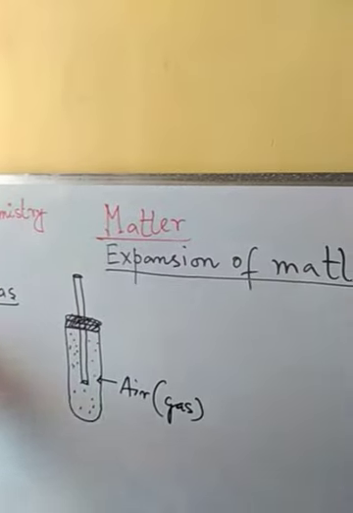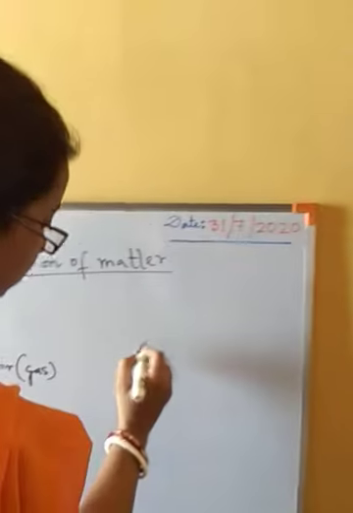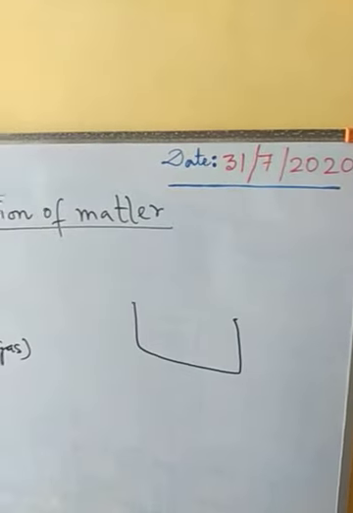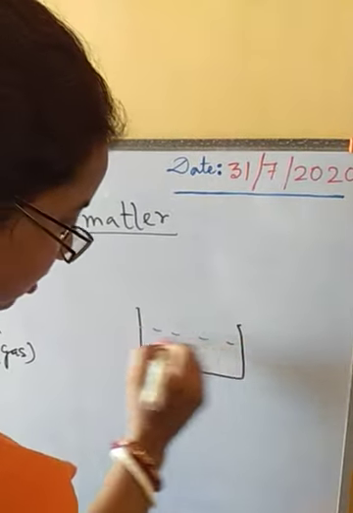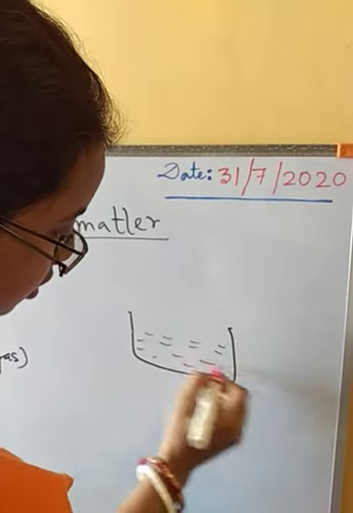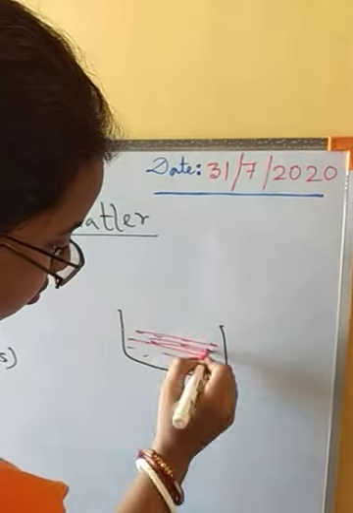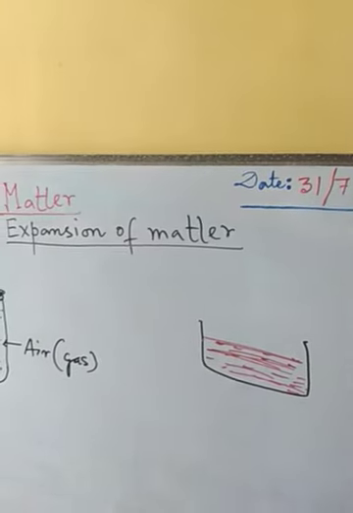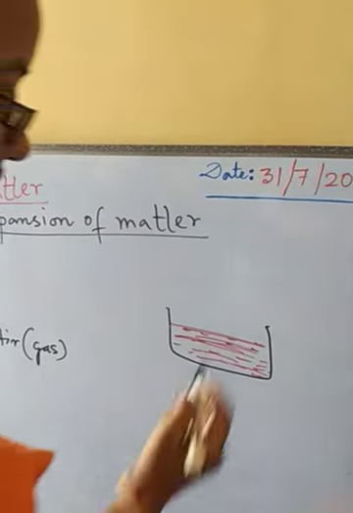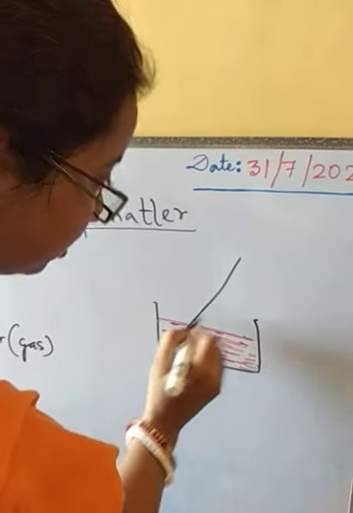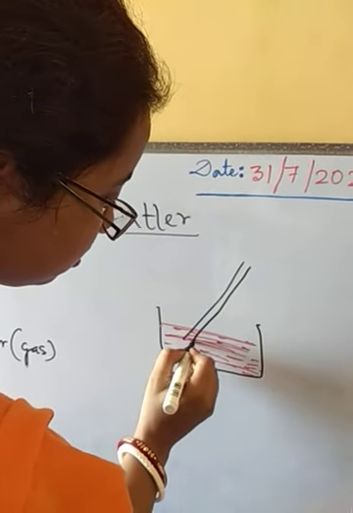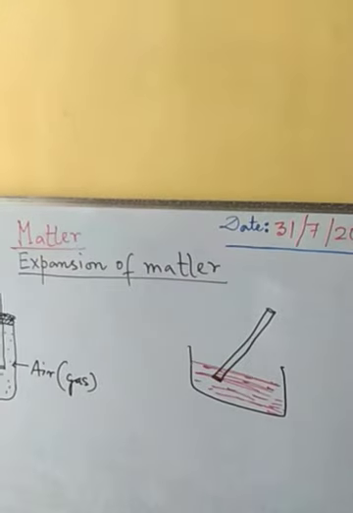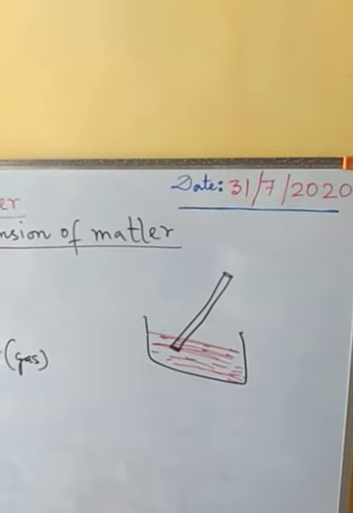Now this capillary tube we will be dipping in a liquid. Suppose here we can use red color only for this. So this container is filled up with red liquid, and here we will be dipping the capillary inside the red liquid.